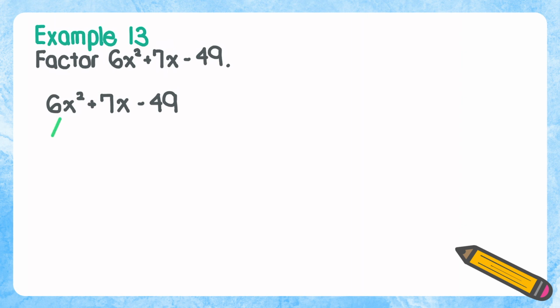So let's break down the first term, the 6x squared. We can either do the 6x times 1x pair, or there's also a 3x times 2x option. The constant term right here is a negative, so remember we want different signs for the pairs.